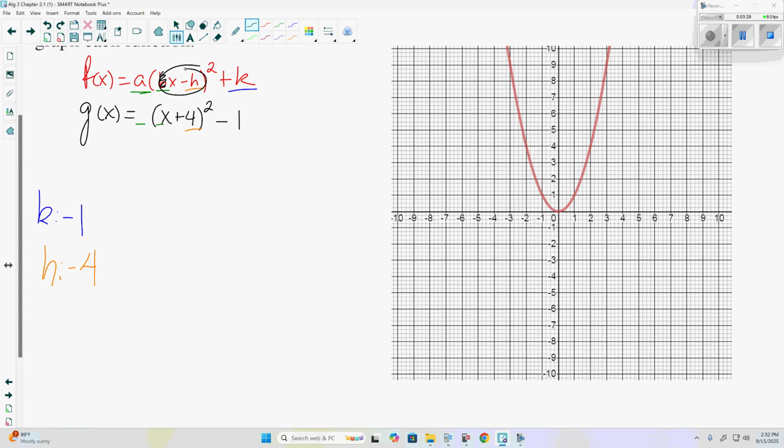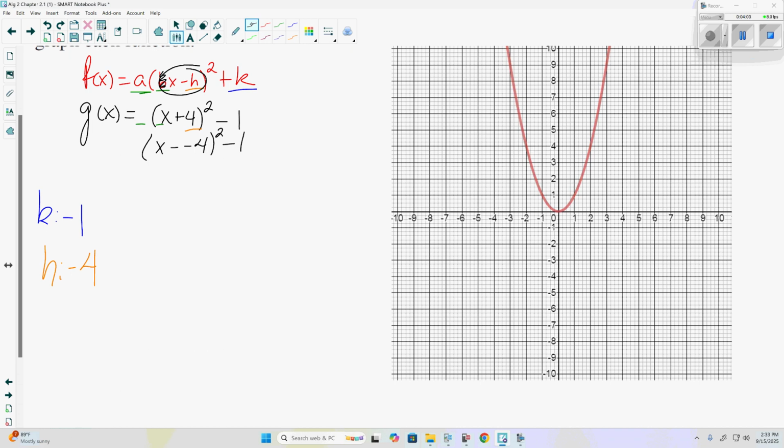So for us to get that negative back, the only way that we can is if the value of h is negative. The only way we can go from x minus h to x plus 4 is if that value of h is negative. Because x minus negative 4, the negative and negative would make a positive. So really our value of h here is not positive 4, it is negative 4. That's the only way we could get the plus 4, is if h is negative.